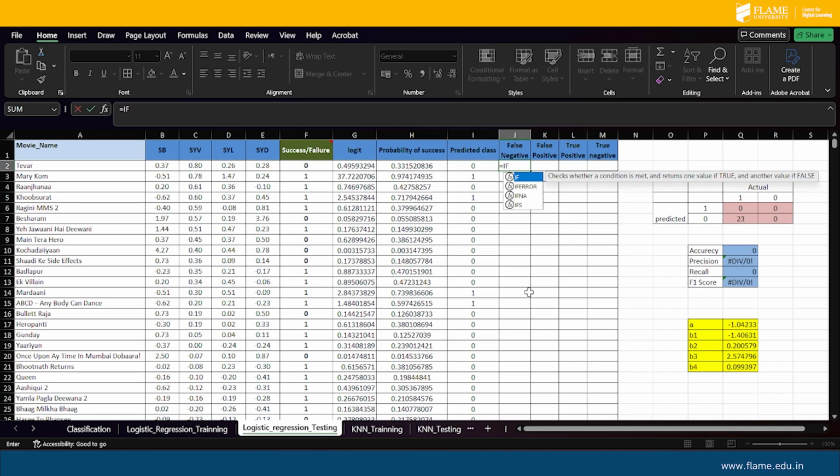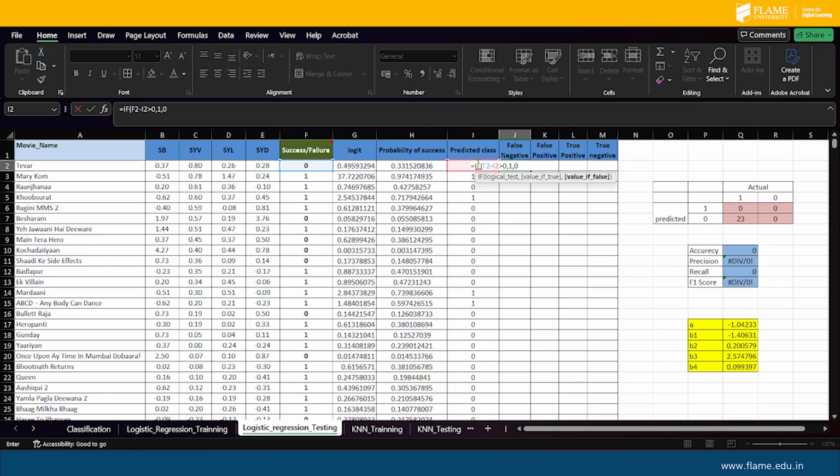So if I just take the difference between these two, that should be 1. So I am creating a logic based on the IF function. If the original value minus the predicted value is greater than 0, then you put 1, otherwise 0.